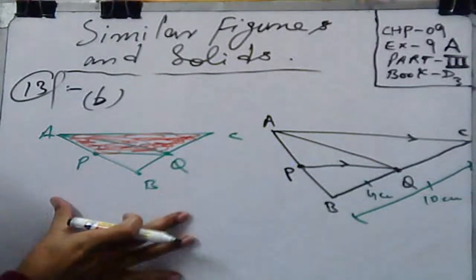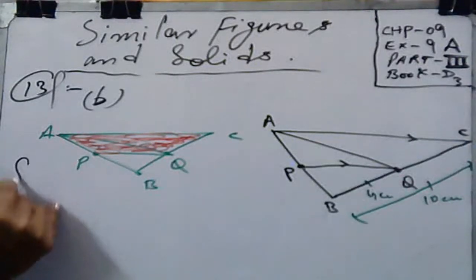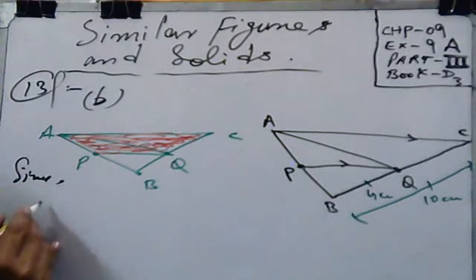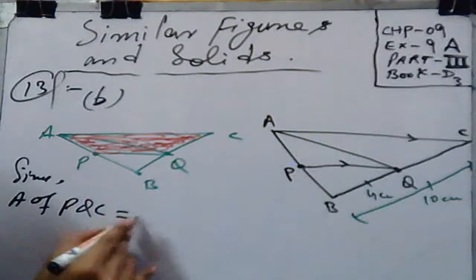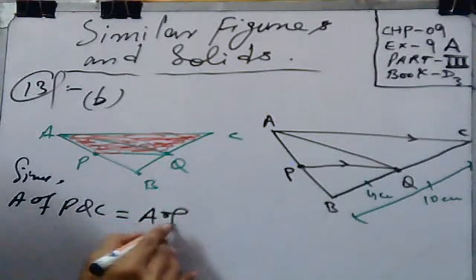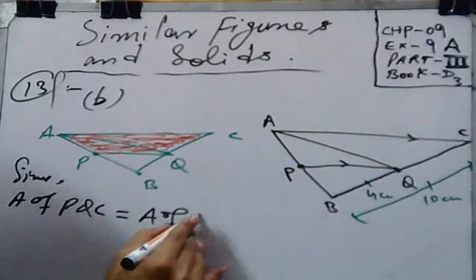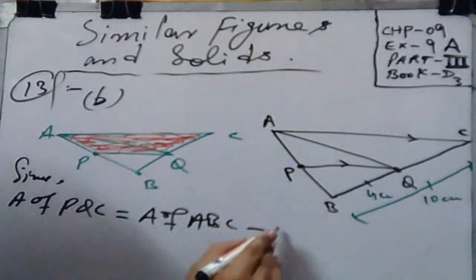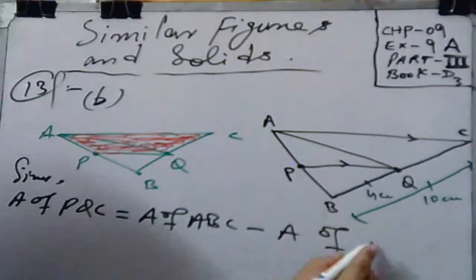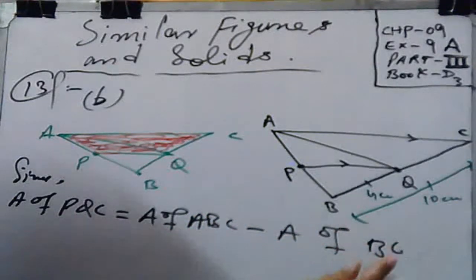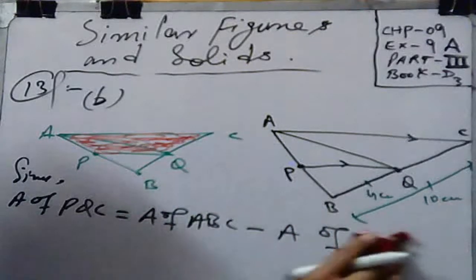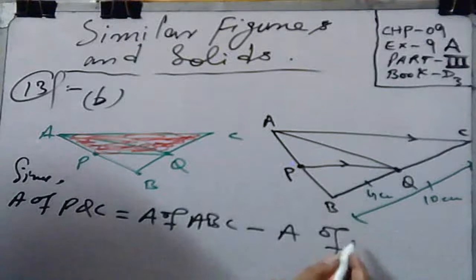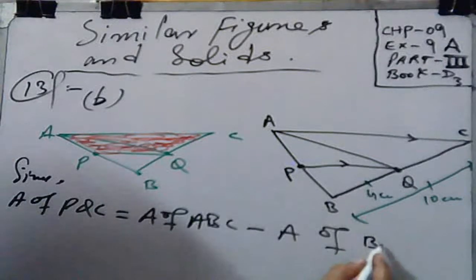Now the shaded area you need. If we see the diagram, the area of PQC is equal to the area of ABC minus the area of triangle BPQ. You see the figure, that is the area of BPQ.